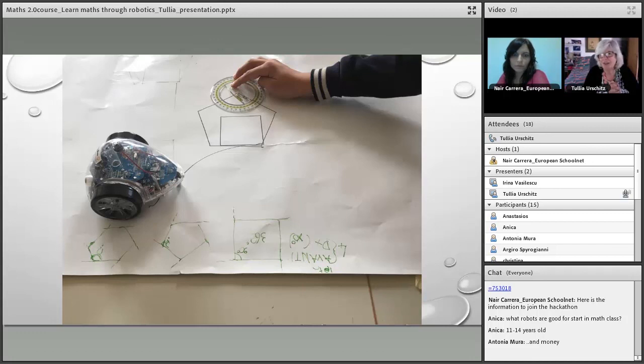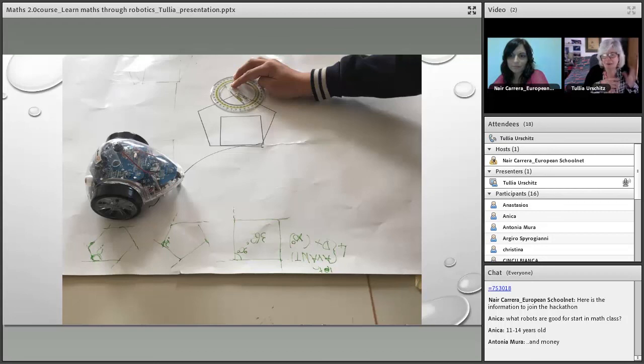You need to take the chance to use robots also to make math lessons more fun, more engaging. You don't need to just teach mathematics like in this picture. It's much better working with a scenario and developing the things that you can find with the robots.